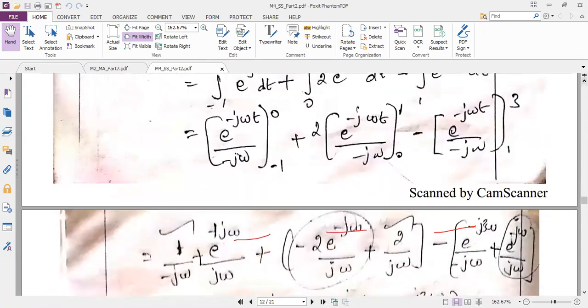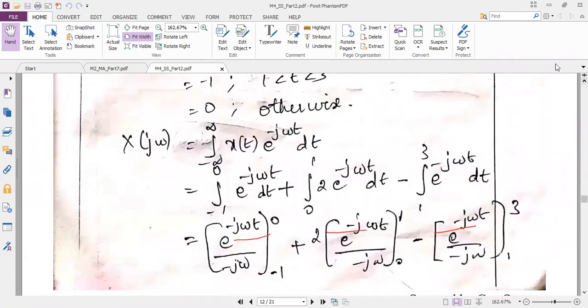I think it may take some time. You can tell me term by term. First term, what is the answer? Second term, what is the answer? Third term, what is the answer? Then you can combine it together.